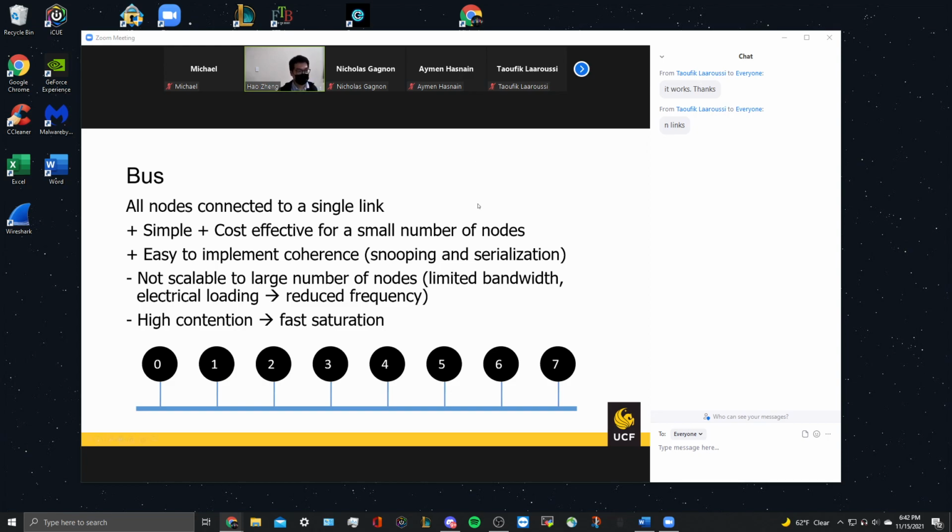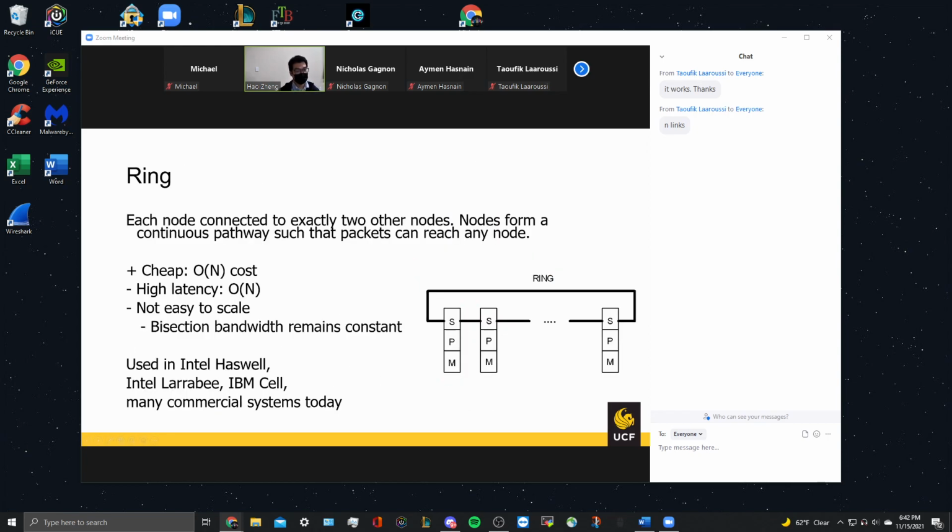And then, another one is much simpler than that one. So it's ring, right? Each node connects to exactly two other nodes from a continuous path, such that the packets can reach any node, right? So it's cheap. But the problem is high latency, not easy to scale. Bisection bandwidth remains constant.